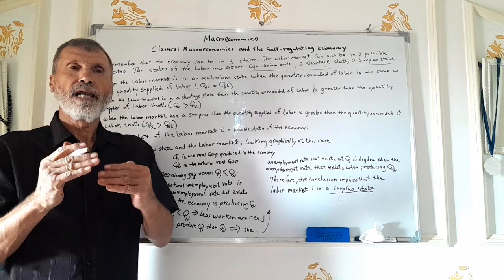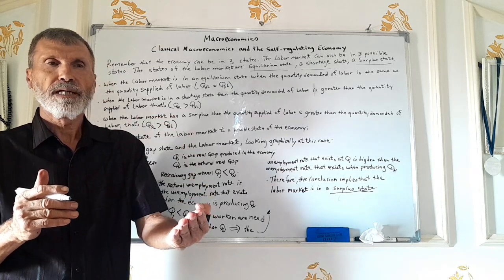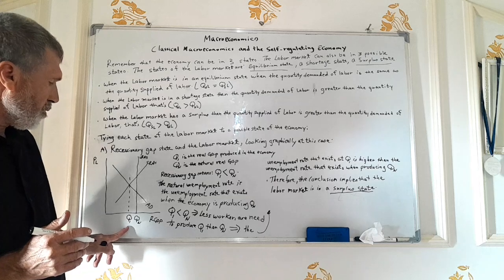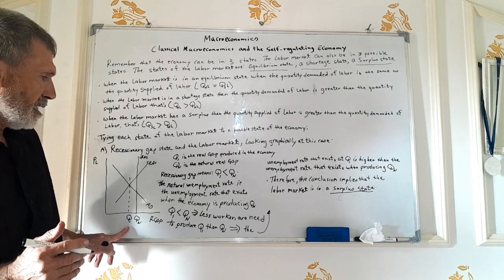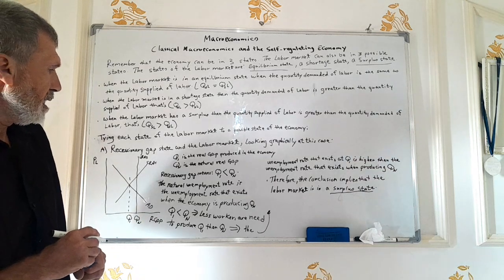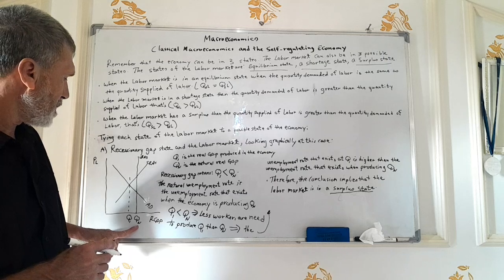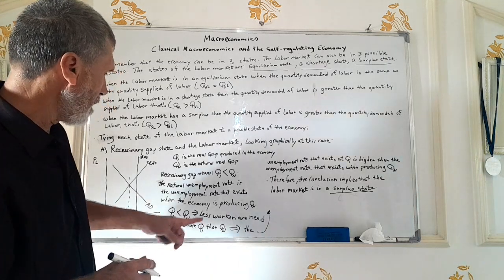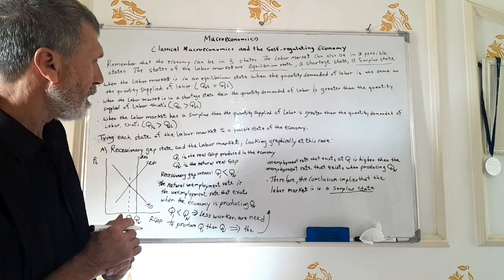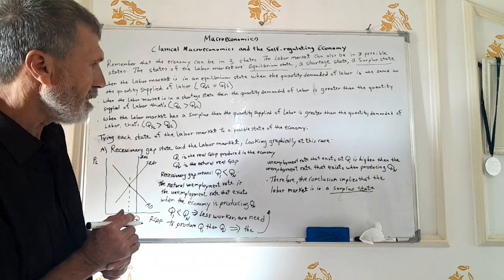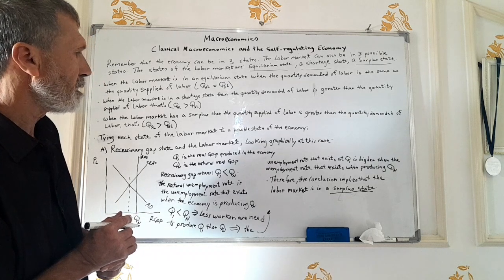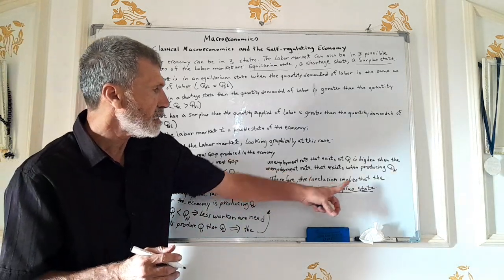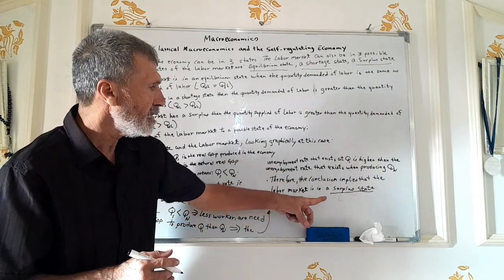Because the unemployment rate that exists when producing Q1 is higher than the unemployment rate that exists at Qn. Q1 less than Qn implies the unemployment rate at Q1 is higher than the unemployment rate when producing Qn. Therefore, the labor market is in a surplus state.